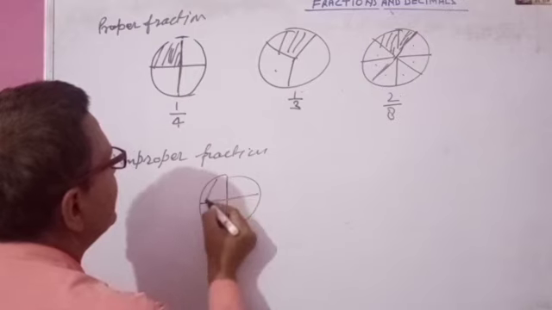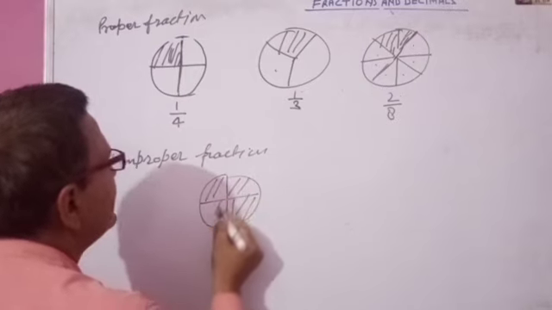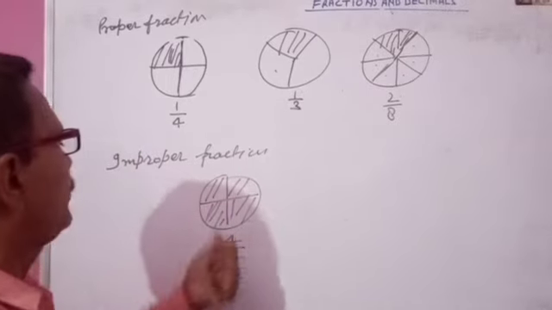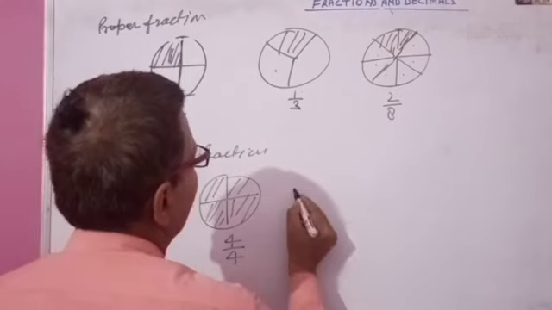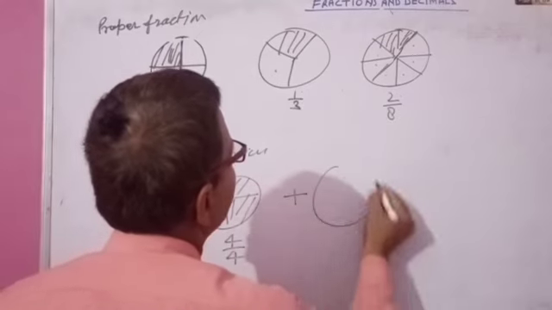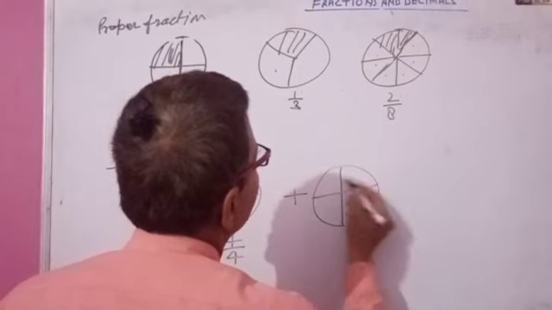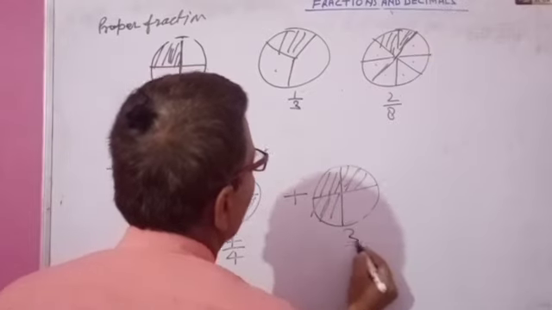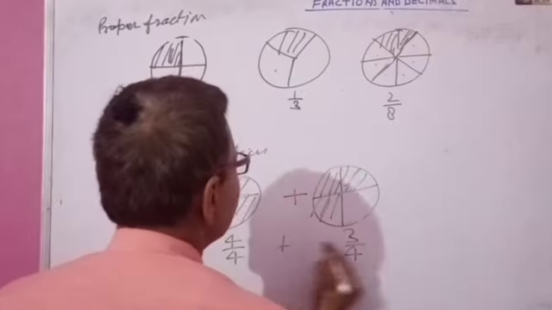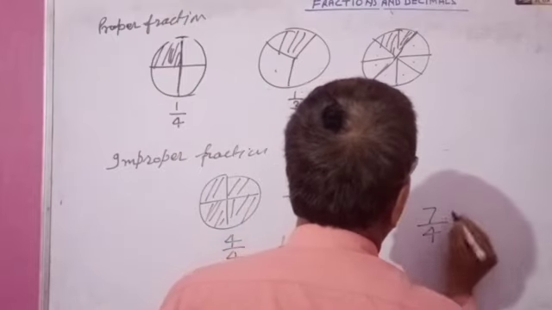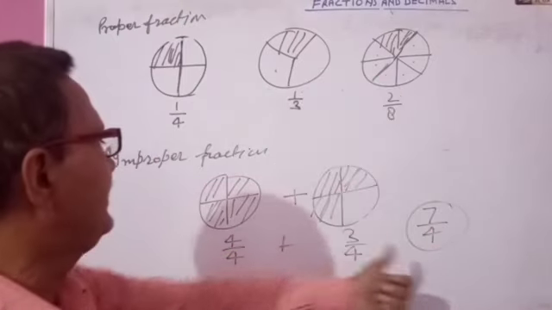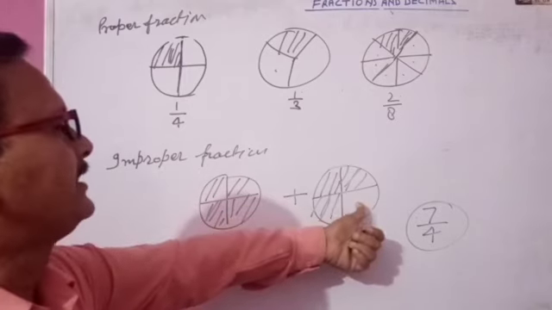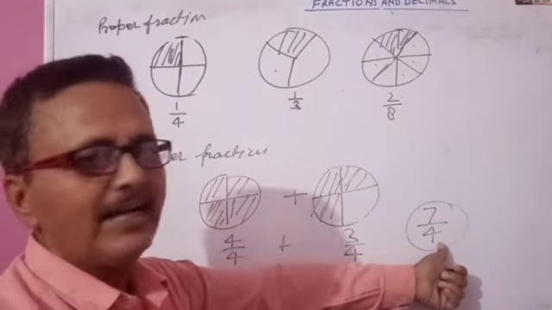Suppose 4 upon 4, all four parts are taken, plus 3 parts taken, 3 upon 4, that is 7 upon 4. This is an improper fraction, a combination of a whole and a proper fraction.